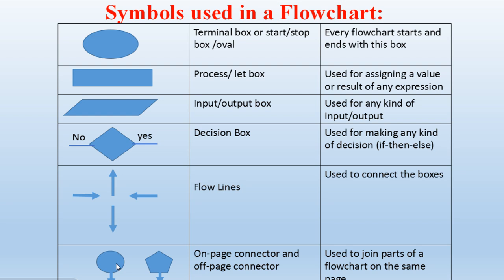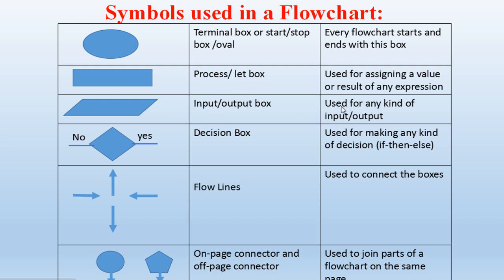The first one is the on page connector, and this is the off page connector, right? So I have told you the names of these shapes, and I have told you the purpose also. This oval shape we are going to use for starting and ending a flowchart. This rectangular box will be used for assigning a value or the result of any expression.